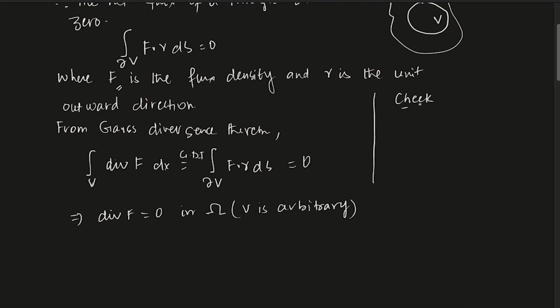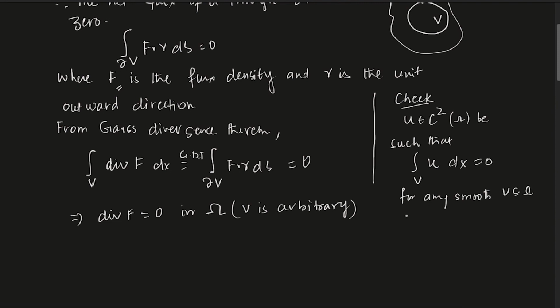Check that, let's say u is in C^2 of omega, such that the integral of u dx over V is 0 for any smooth V contained in omega.